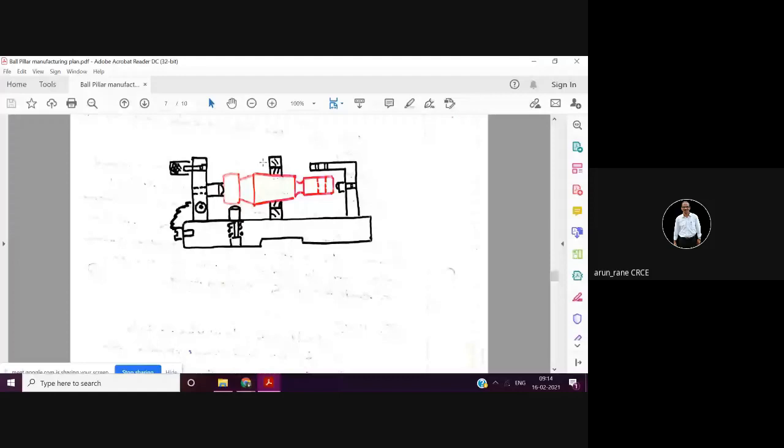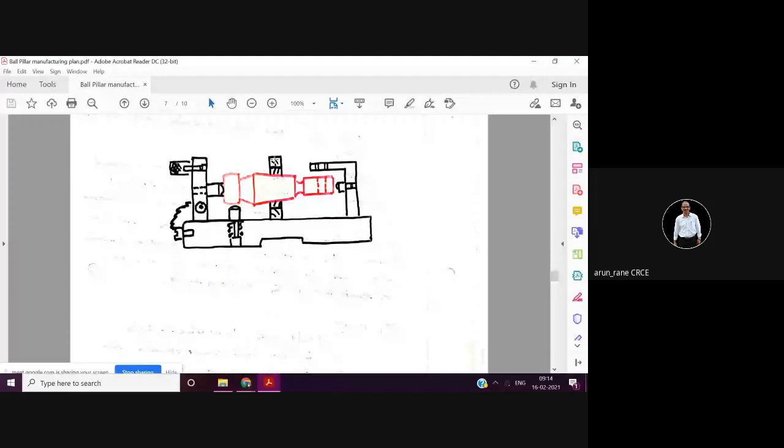Then this is your supporting surface. This also gives the support, and from here it is clamped also, and then the drill is passed through this jig plate, and it does this drilling. So that was your operation.